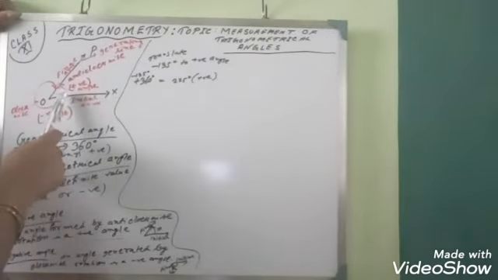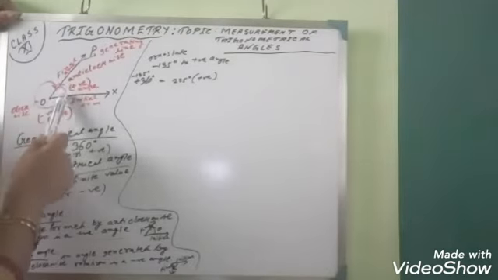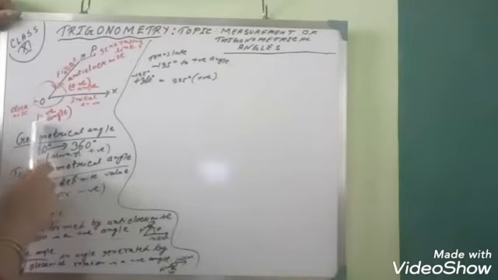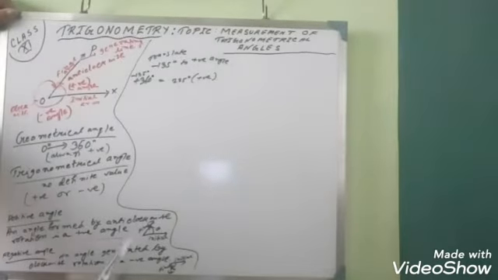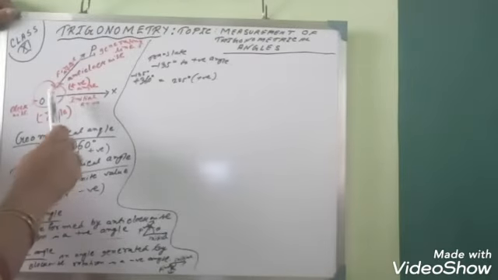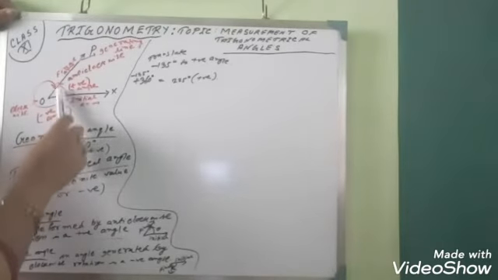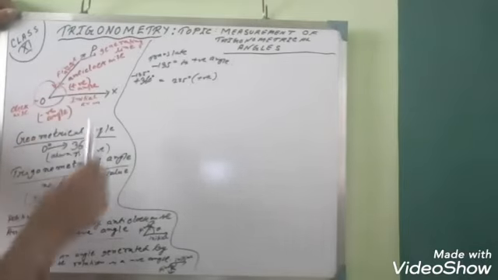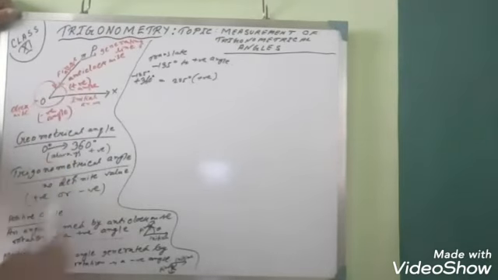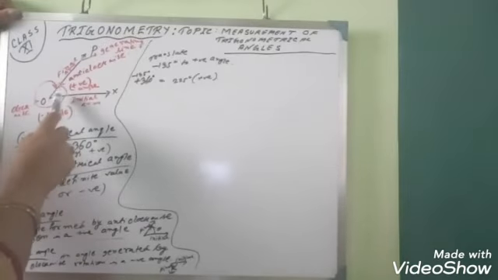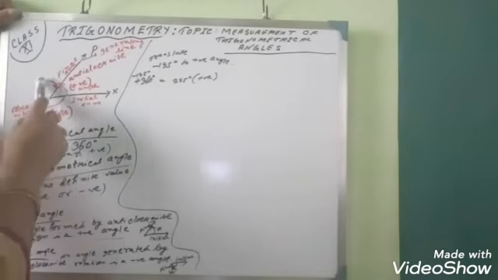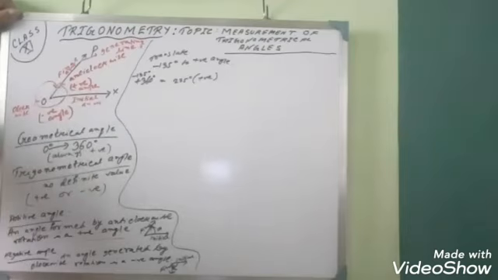Similarly, when the angle from OX to OP moves in this direction, that means it is the clockwise direction, so this will be the negative angle. This is the definition of a negative angle: an angle generated by clockwise rotation is a negative angle. This part from OX to OP is a negative angle and this part is a positive angle.